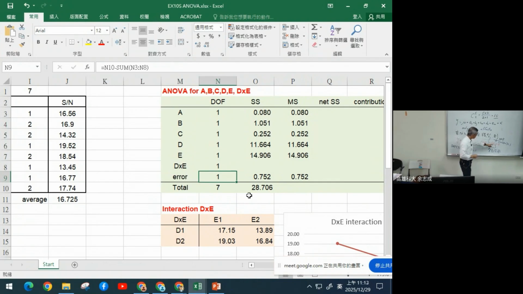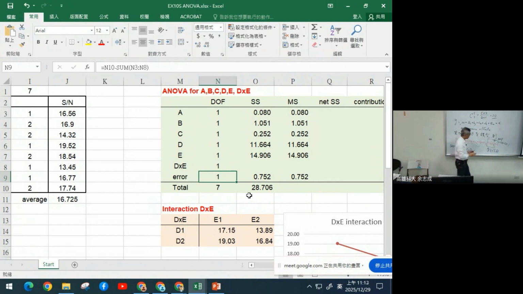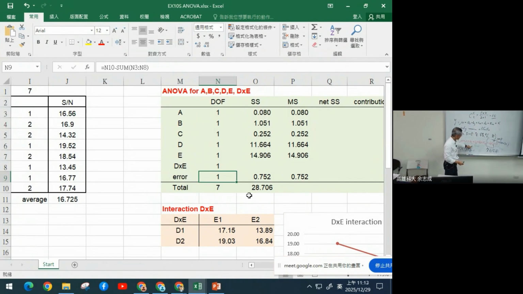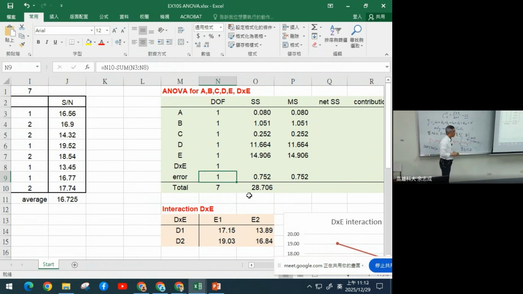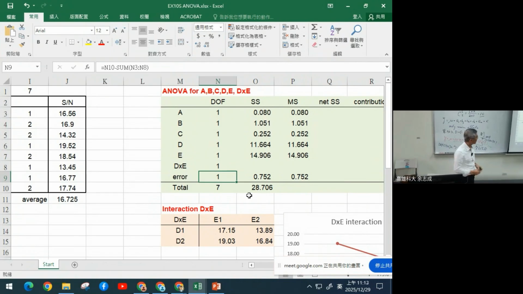And you need an additional 1 degree of freedom for this interaction. Therefore, the degree of freedom for error will be 7 minus 5 minus 1, which is only 1 degree of freedom. Okay? So you have to be very careful.